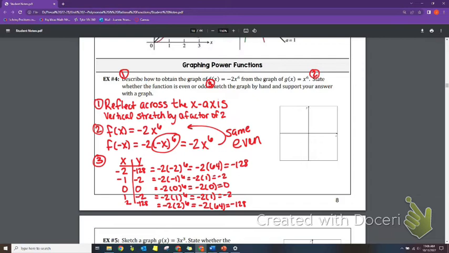I'll come to my graph, plot my ordered pairs. There's not a whole lot of them I can plot, but a few.